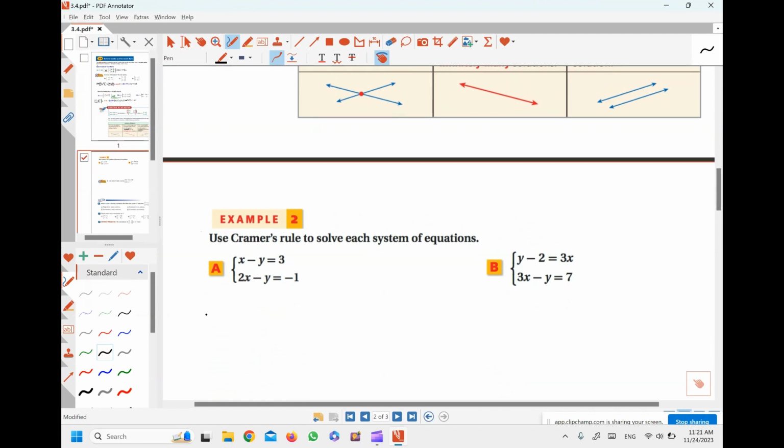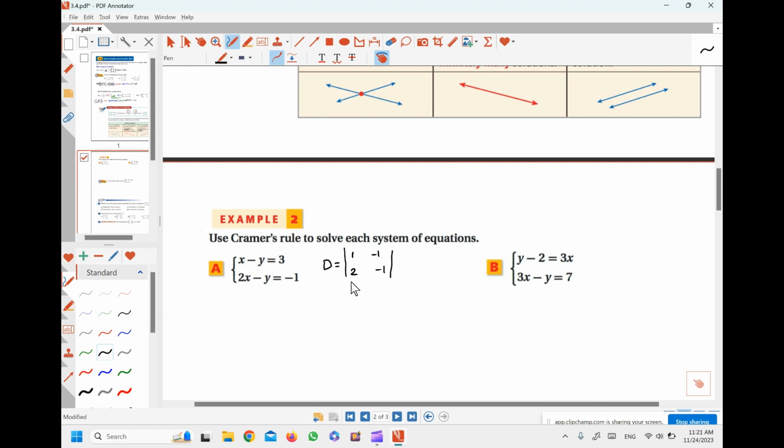So let's find the coefficient matrix first. The coefficient of x's, write it as one column, 1, 2. Coefficients of y's, negative 1, negative 1, write this as another column. This is your coefficient matrix. And find the determinant of the coefficient matrix.